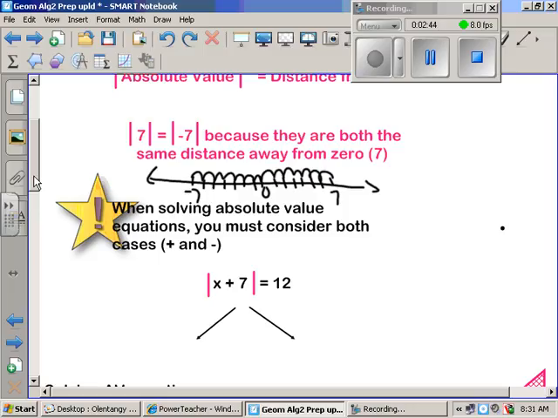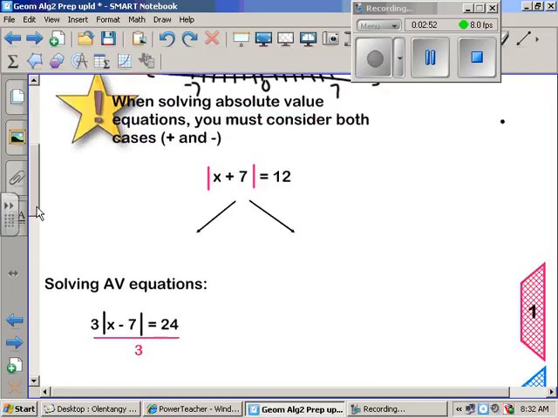So in every absolute value equation, you have to write 2 equations to solve it. The x plus 7 in here could have been positive, or the x plus 7 could have been negative.